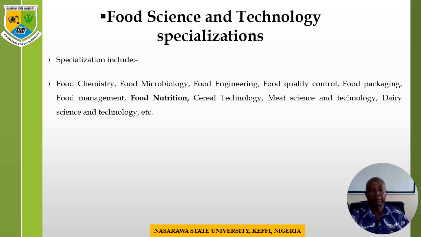We now look briefly at this great profession, food science and technology, which also has areas of specialization. Among others, these include food chemistry, food microbiology, food engineering, food quality control, food packaging, food management, food nutrition, cereal technology, meat science and technology, dairy science and technology, even food business.